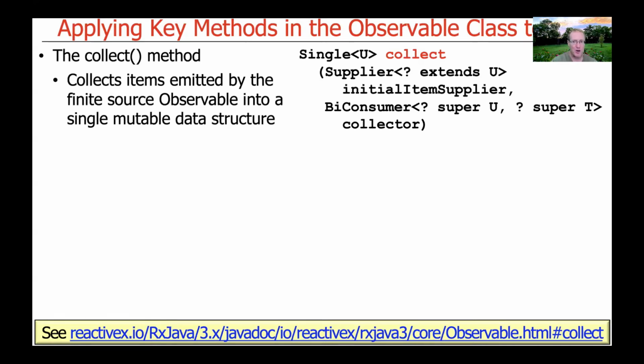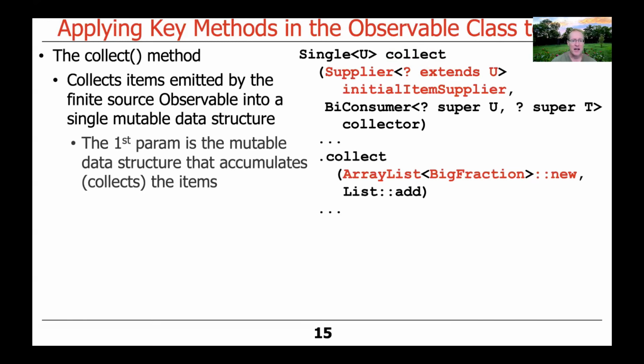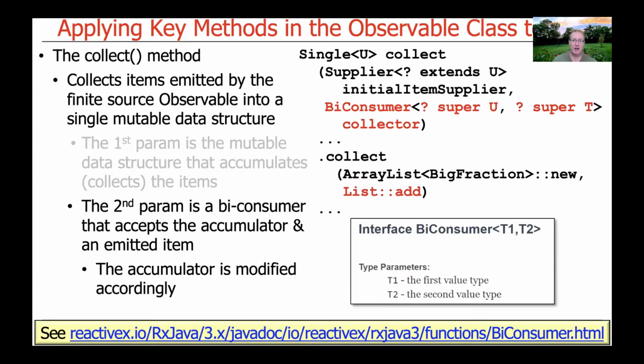This should look very familiar to you now that you know streams. The first parameter that's passed into collect is a mutable data structure that accumulates or collects the items. So as shown in this example, we can do things like collect into an array list. And then the second parameter is a bi-consumer that accepts the accumulator and the emitted item, and then updates or modifies the accumulator by basically adding it to that accumulator.